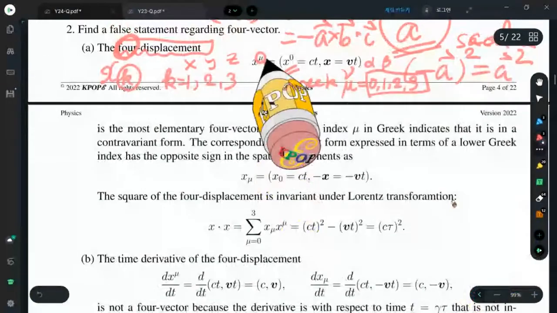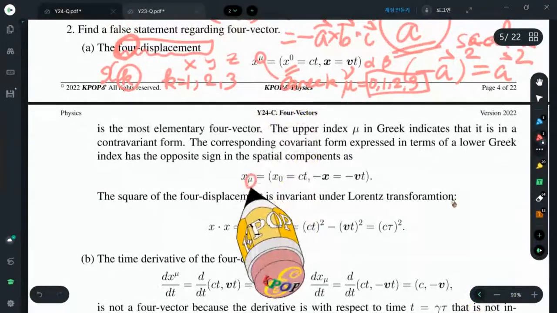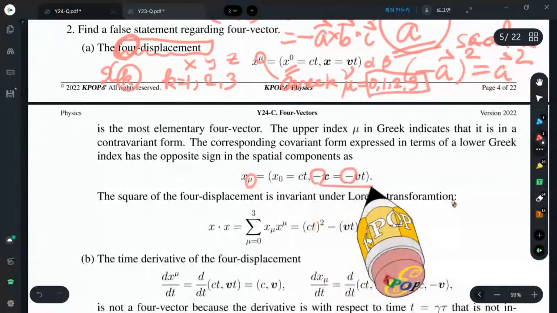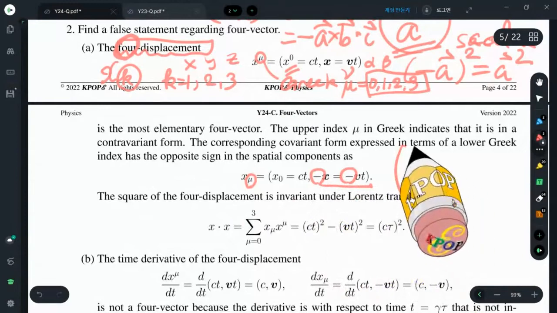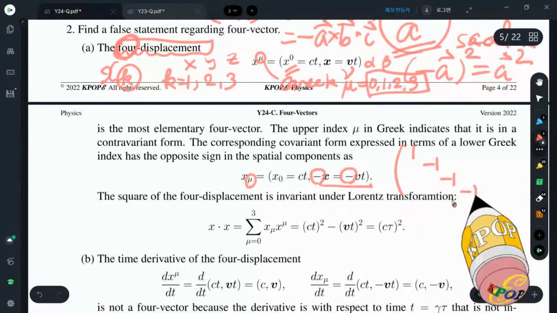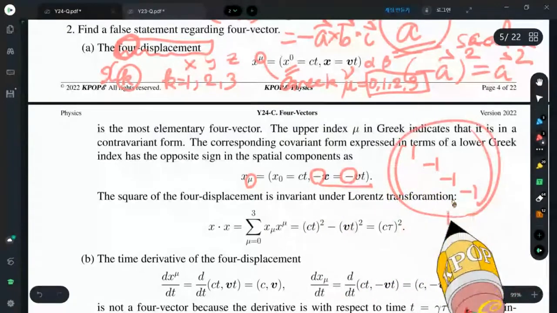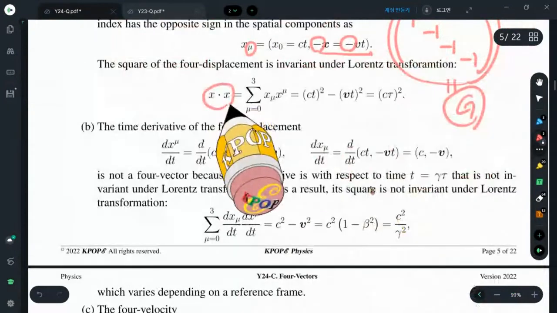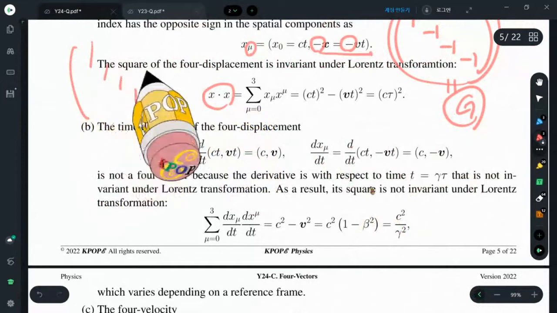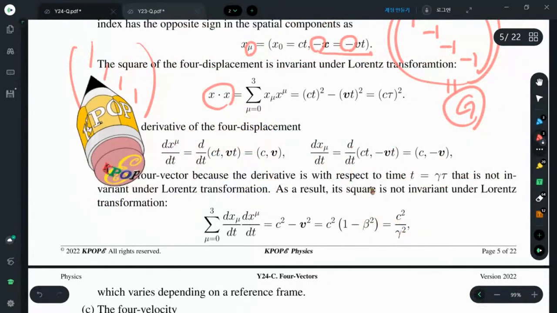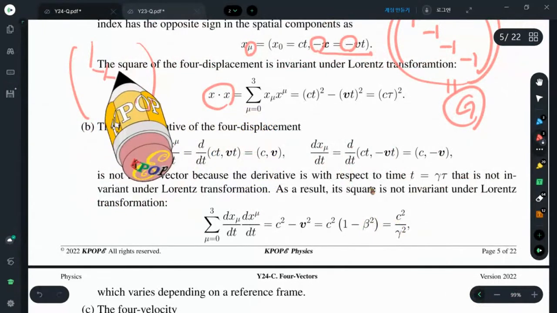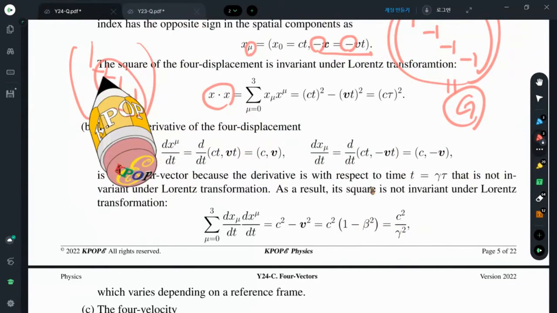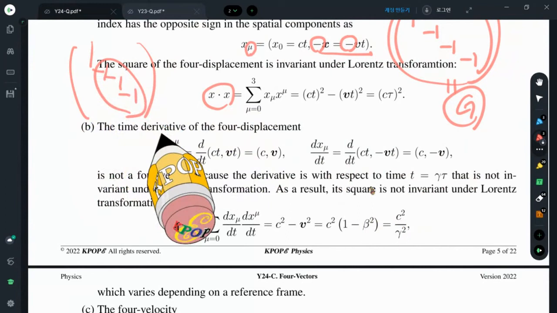And special notation is used for the lower index that flips the sign of the spatial component. That is nothing but the effect of multiplication of a metric tensor. When we define the scalar product, we do not multiply the identity matrix. Instead, we multiply this metric tensor with negative sign on the spatial component.